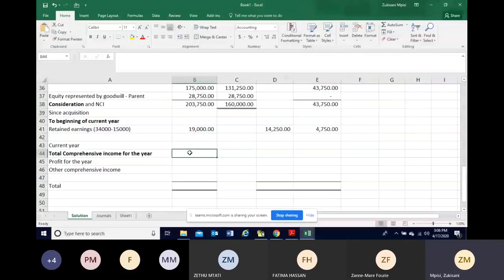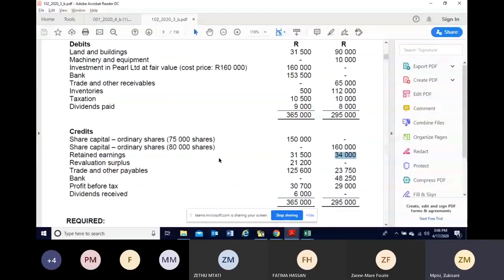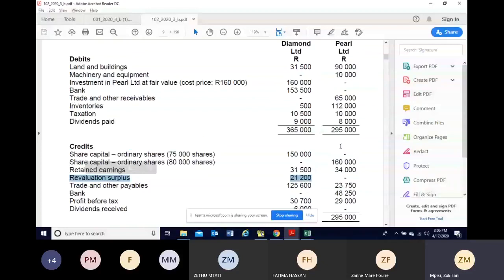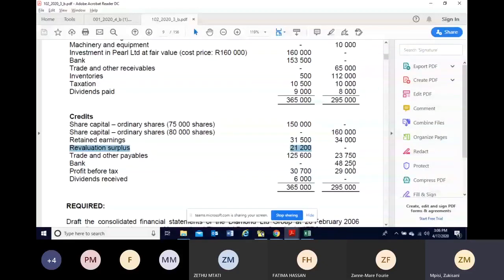In the current year, what do we have? I see a revaluation surplus, but it's not for Pearl, so we ignore it, we go for Pearl.